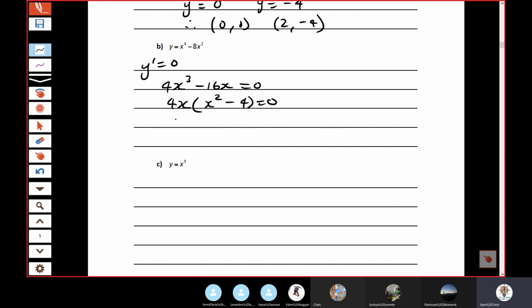And then obviously you get x equals 0 and x equals plus minus 2, 2 and negative 2. Let's just separate them and then sub back in. At 2, y equals 2 to the power 4 minus 8 times 4, negative 16. And this should also be negative 16.